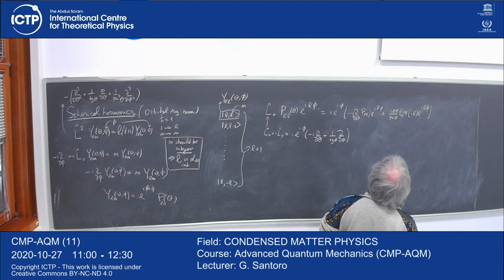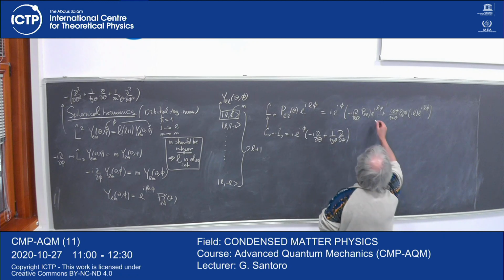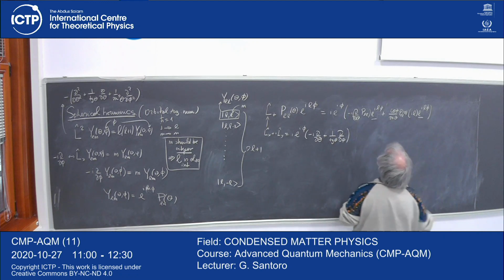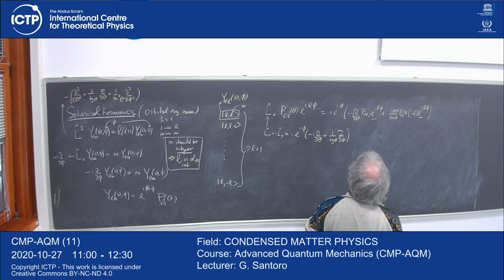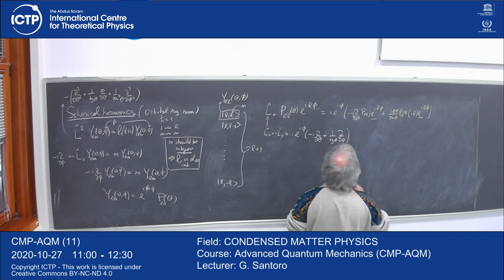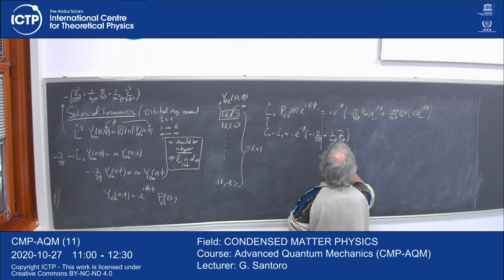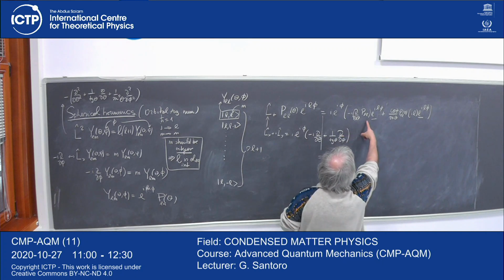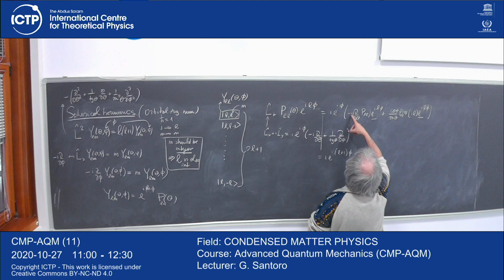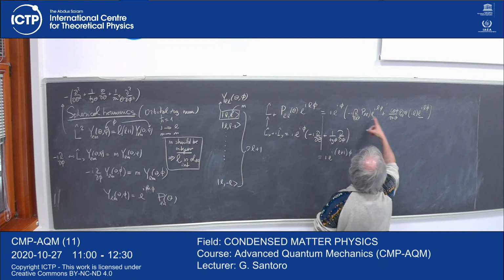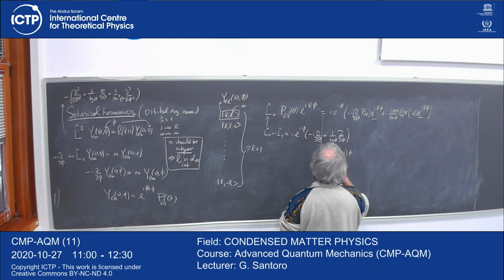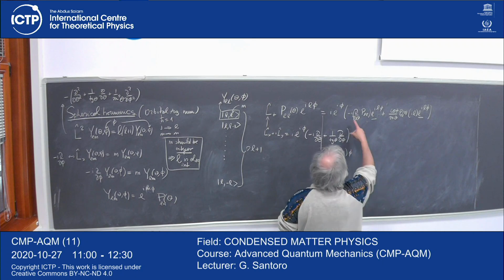Now you see that this factor here can in fact be put in common. You can put it outside, and the remaining object is i e to the i (L plus 1) times phi. And then for the term that you have there, by the way, there is an i, which you can take out also, so let's put it as i squared.